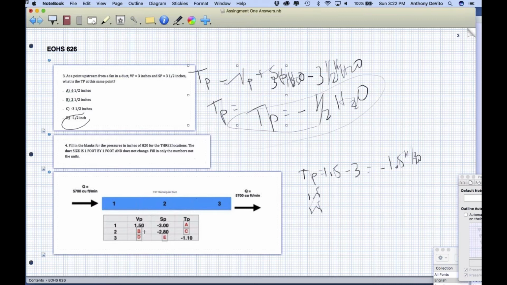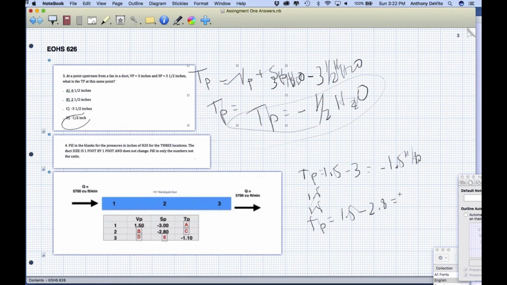So if our velocity pressure is 1.5, and in the second location our static pressure is a little lower, well, then our total pressure is going to be equal to, let's see, 1.5 plus our static pressure, but again, it's a negative number, -2.8. So our total pressure there, notice our static pressure is a little bit lower because we've lost energy to friction in the ductwork, right?